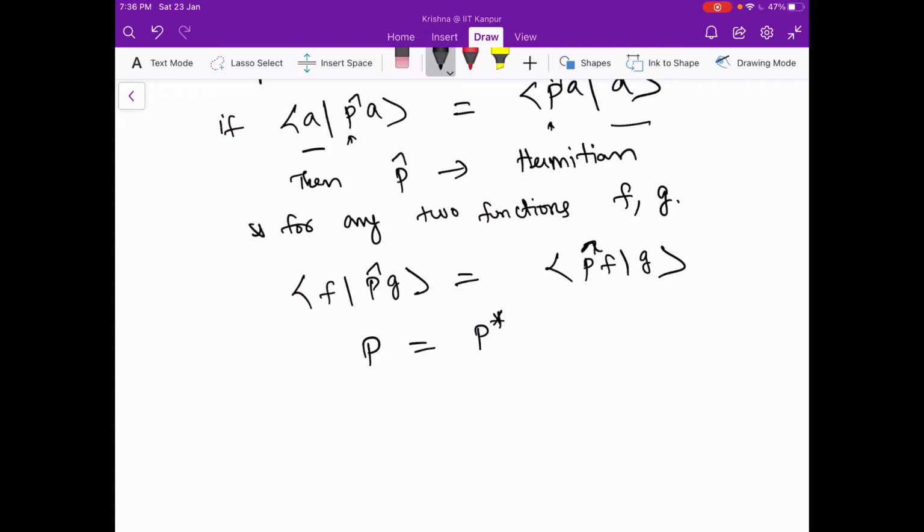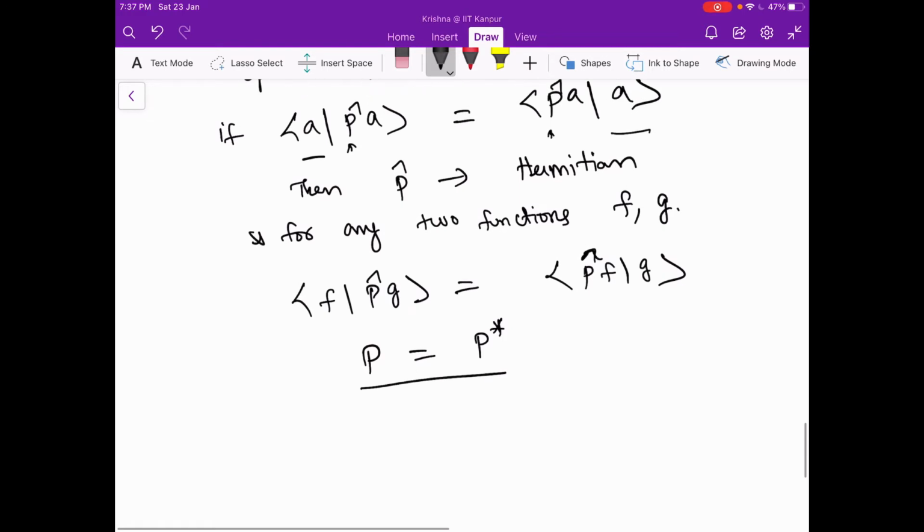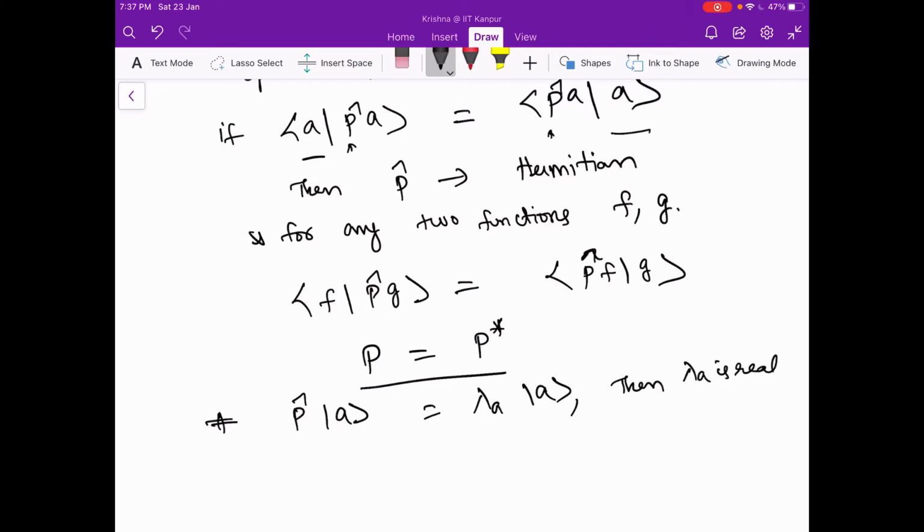Okay, and we also know that any eigenvalue of P will be real, right? So P acting on A, if you get lambda A, then lambda is real if P is Hermitian.